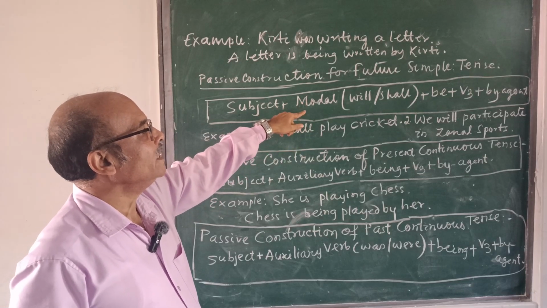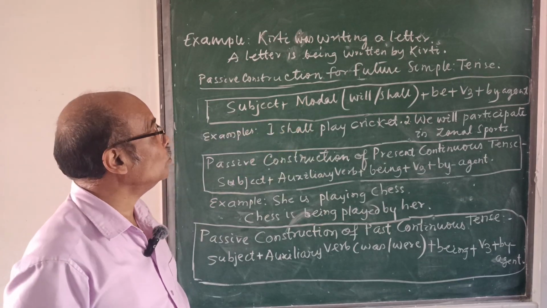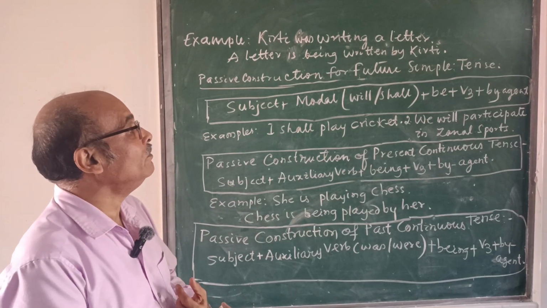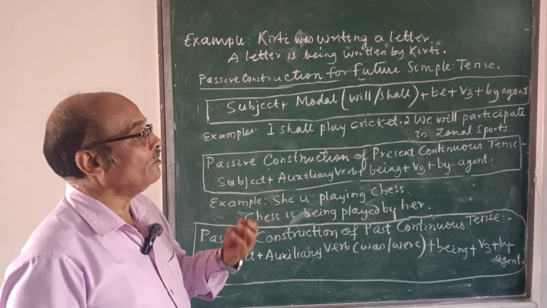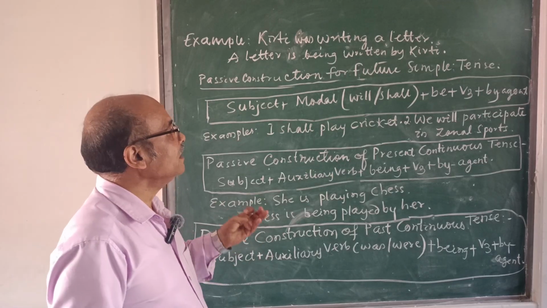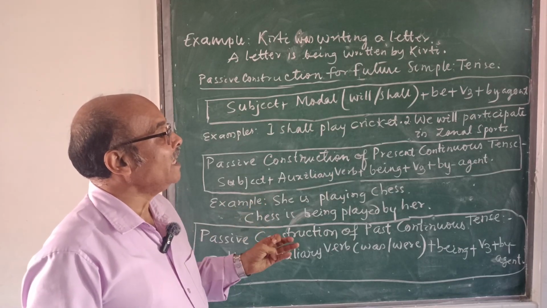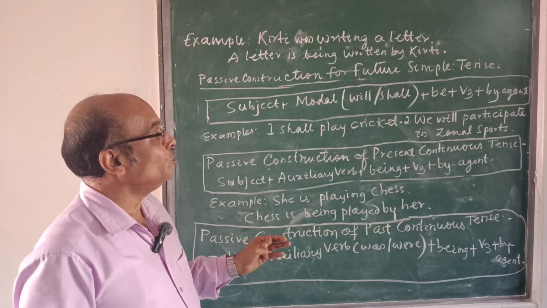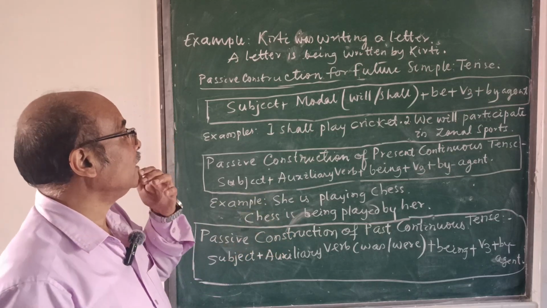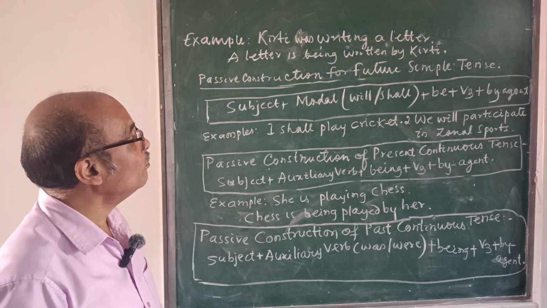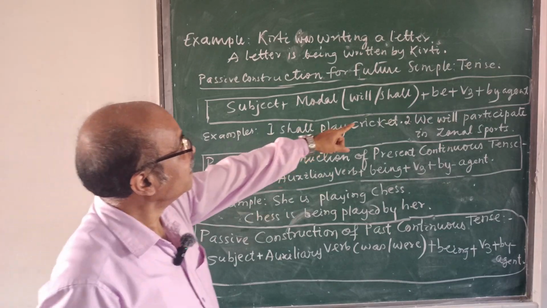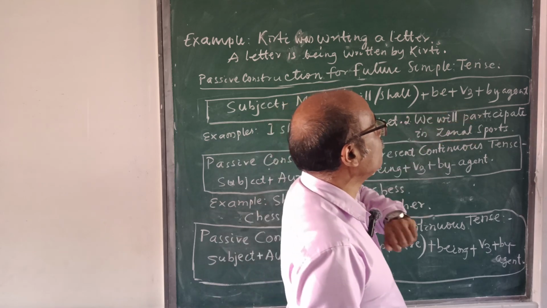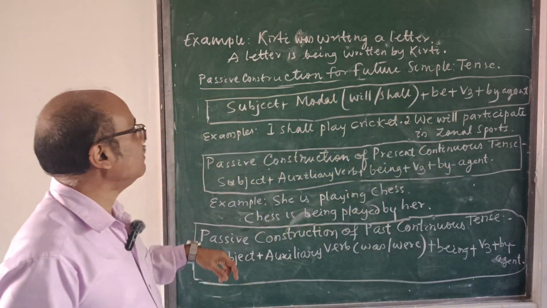A modal verb cannot stand on its own. It takes the help of the main verb or the base form of the verb to get a meaning, like will, shall, can, may, might, could, should, ought to, dare, need not. These all come under modals. Then be, then V3, that is past participle of the main verb, then by agent will come.